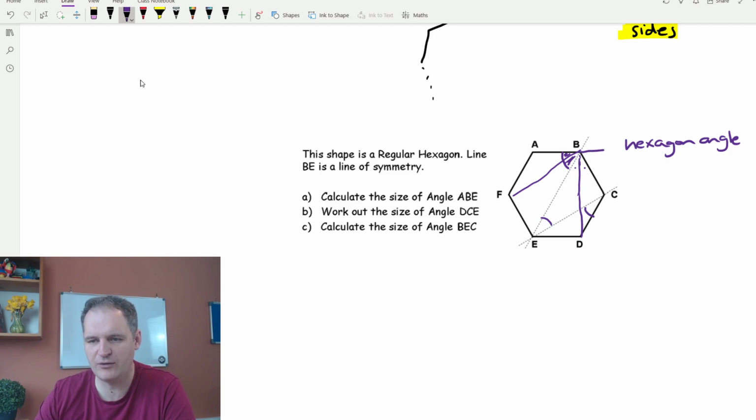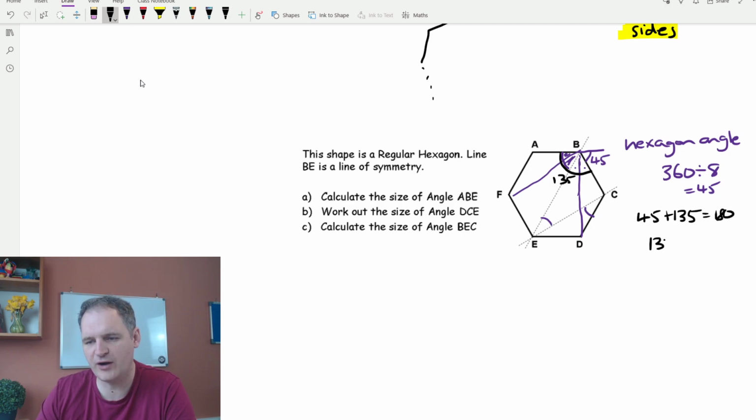If we carry that on, we know that 360 divided by 8 was 45. That tells us that all of this, I'll use a different colour so it stands out, all of that is 135, because the second rule says that 45 plus 135 makes 180. So our final thing is we only want half of that, so 135 divided by 2 is going to be 67.5 degrees.